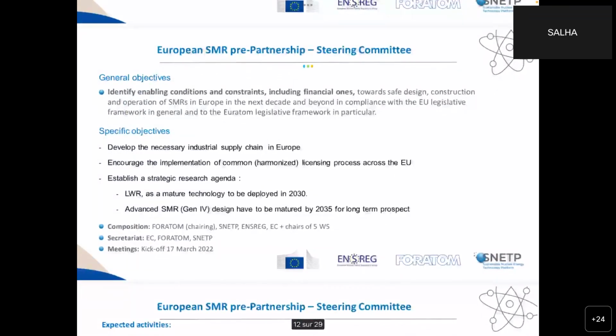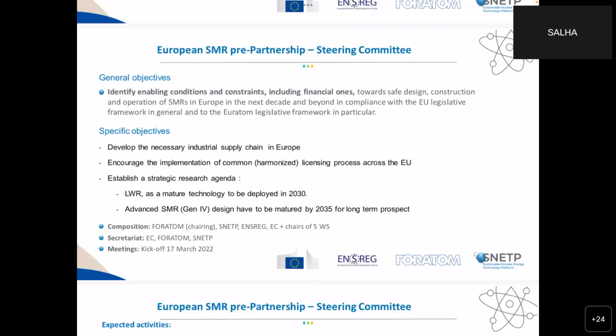How is it organized? So you see the different logos. It's composed of the EU Commission, and in fact DG ENER is leading the field for the EU Commission, coordinating all the other bodies of the Commission, RTD, JRC, and the Association of European Regulators, which is a very important point for us as we want to have a harmonized process.